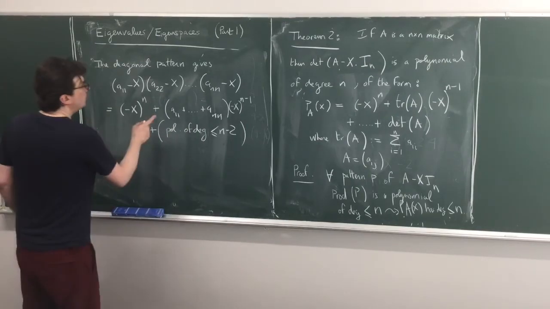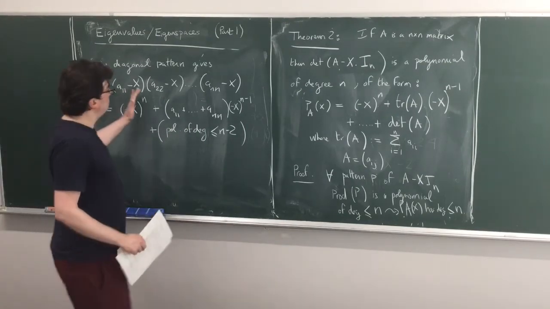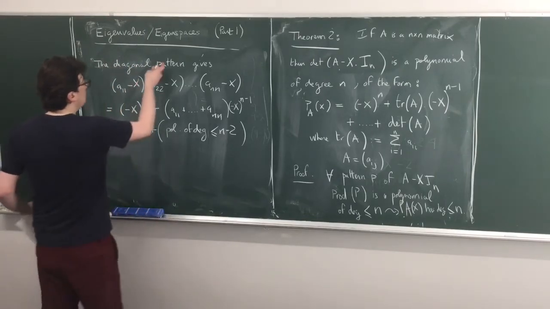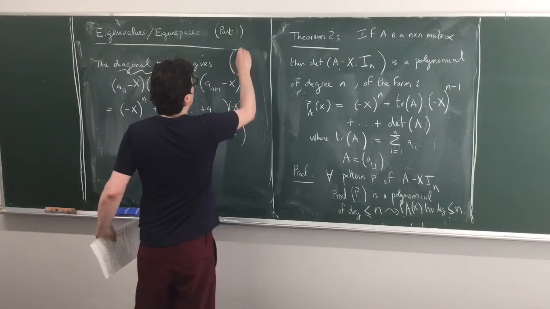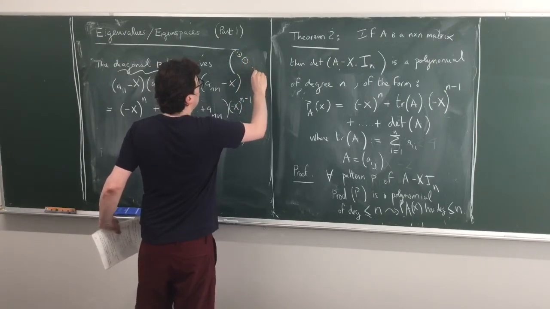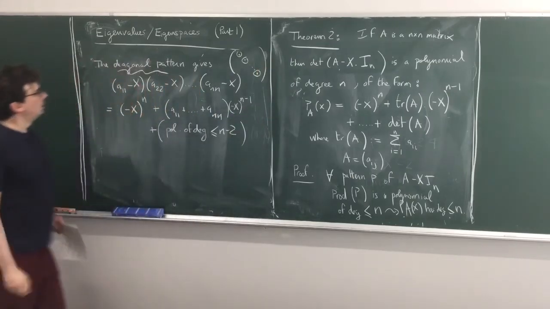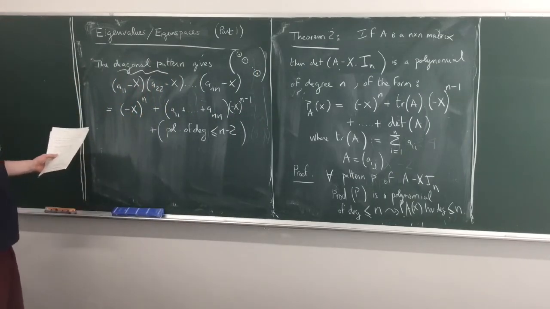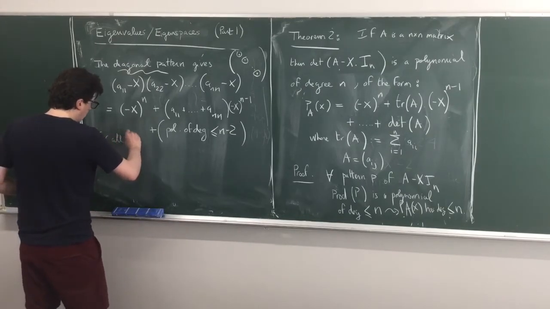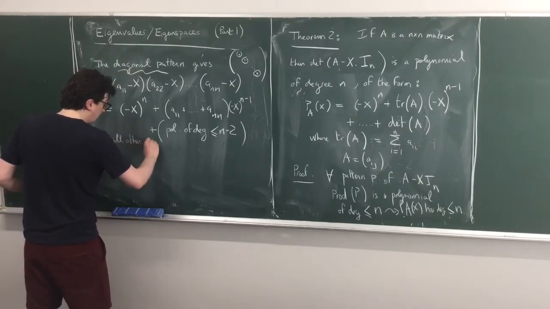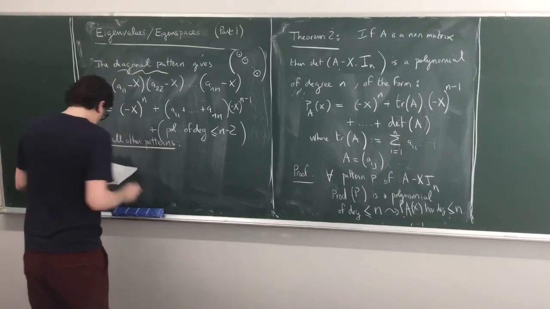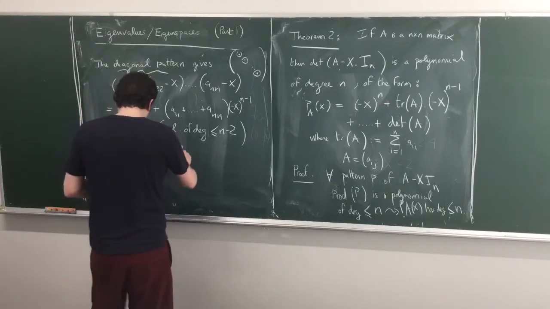Okay? So, what happens when the pattern is not the diagonal one? By the diagonal pattern, I mean the pattern where I choose the entries on the diagonal, right? Okay, so for all other patterns, what do we have?